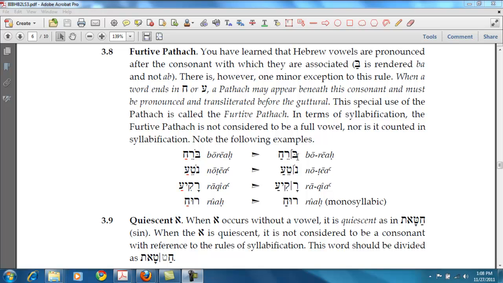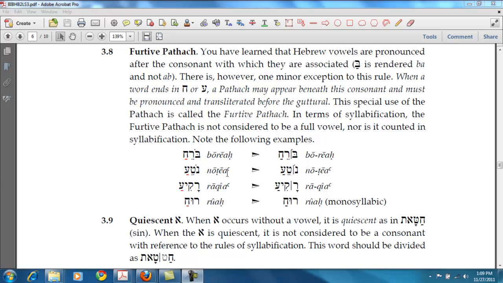We break this down into bo, the bet with a dagesh lene and a holem, and then the second syllable starts with a consonant, the resh, the tsere, and then the short a and the chet at the end. So it's just a two-syllable word here, instead of three. It gives the sound to the chet and also the sound to the ayin.